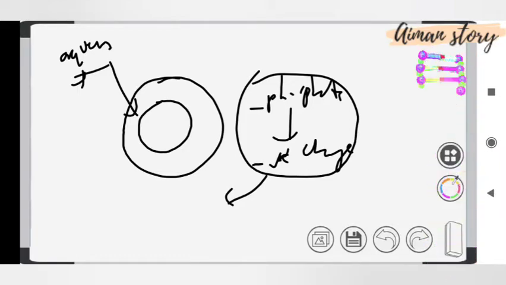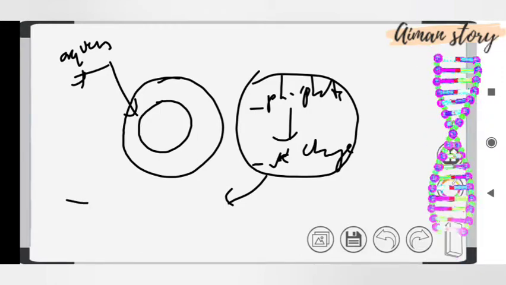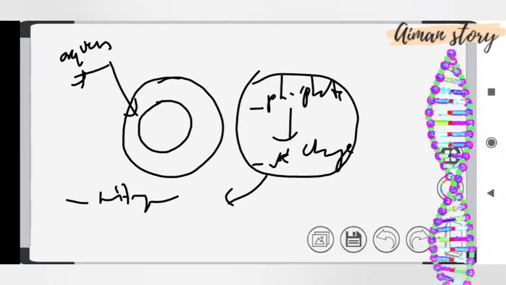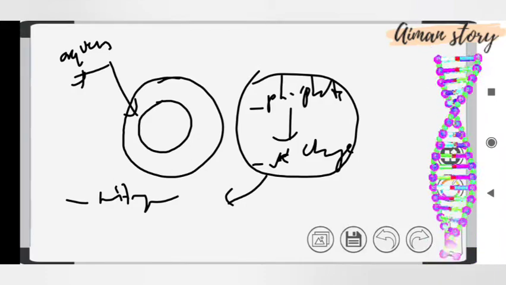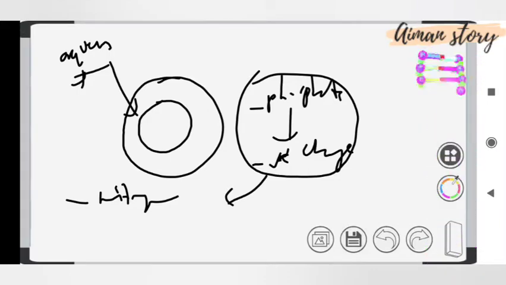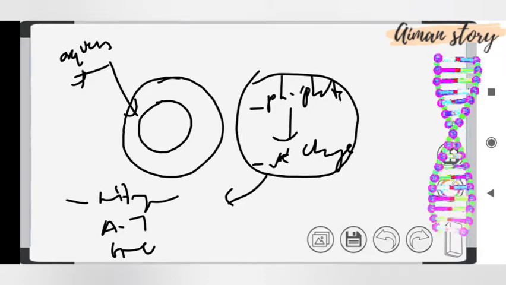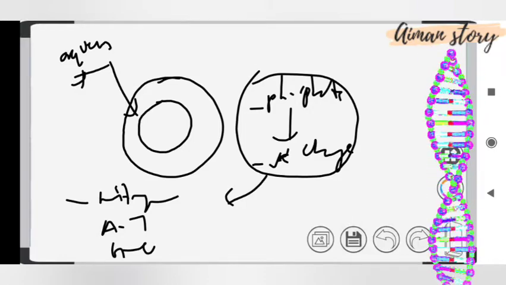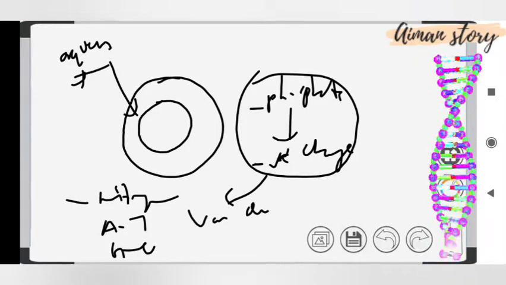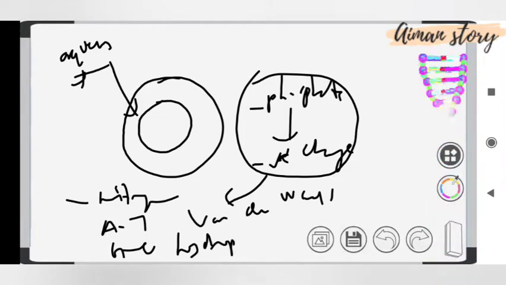In contrast, the internal part of the DNA model is the nitrogenous bases, along with the hydrogen bond interaction that binds the nitrogenous base pairing A and T, G and C. On top of that, there are other interactions like van der Waals interaction and also hydrophobic interaction.